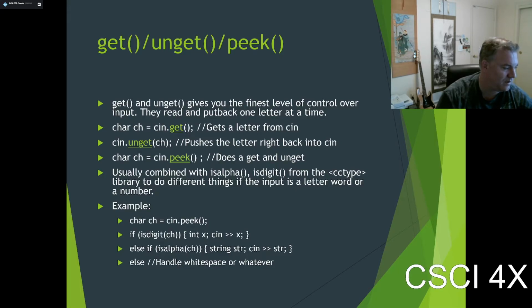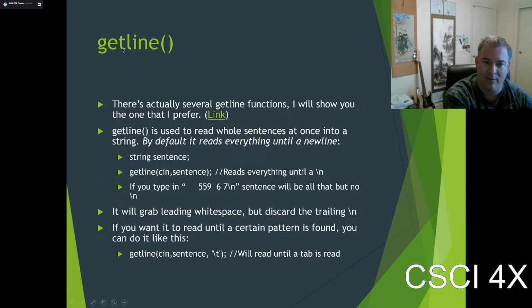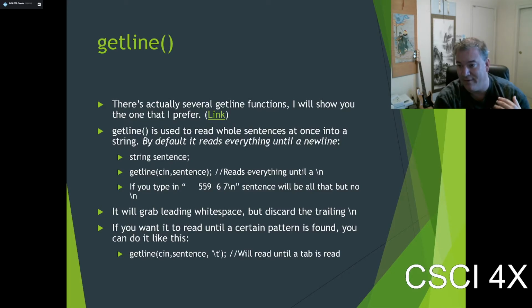What is the purpose of getline grabbing the newline? Because it reads until a newline, and so if you're going to be doing multiple getlines, it has to destroy the newline. If it didn't destroy the newline, the next time you called getline, it would just return an empty string, and then you call it again, and it returns the empty string.